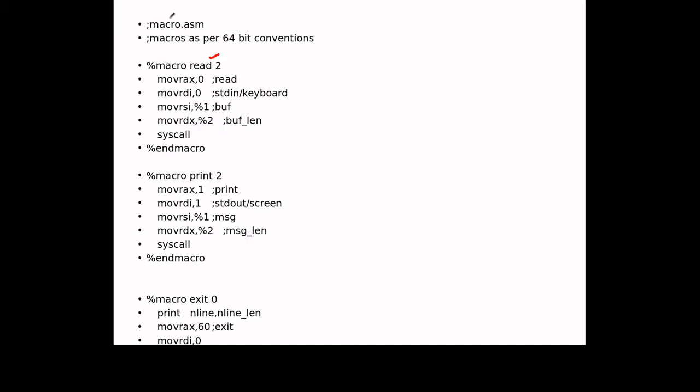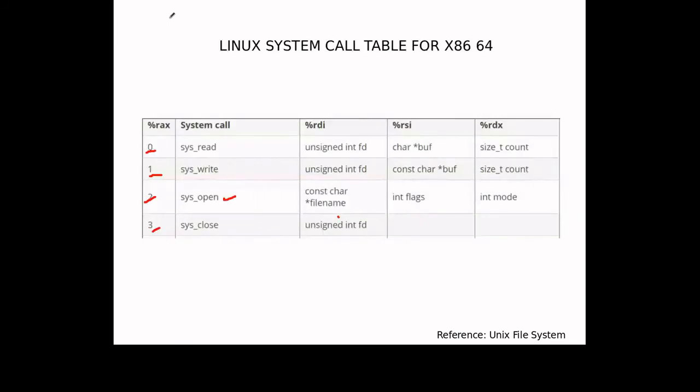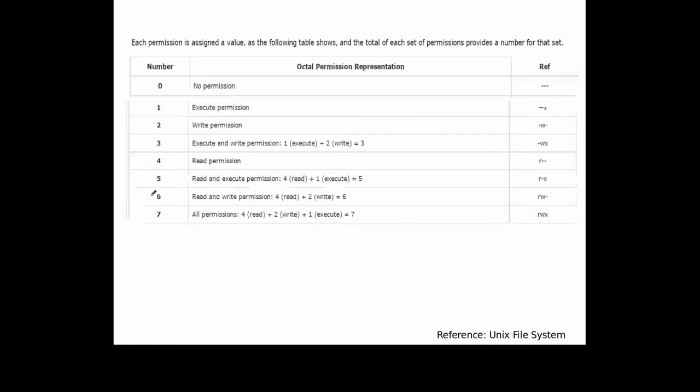Now the new things are new system calls, for opening the file. Here we have made the macro for opening the file, because too many times we have to open the file.